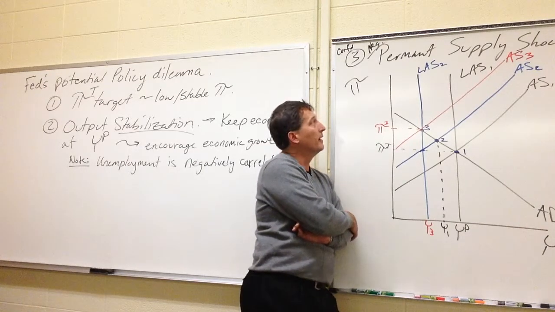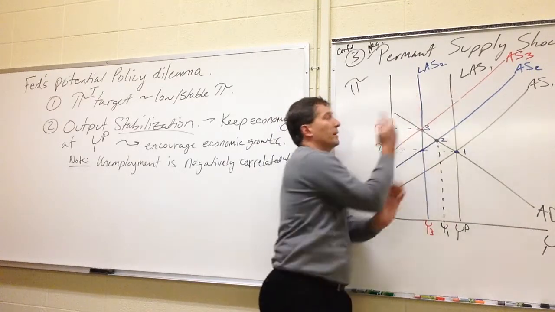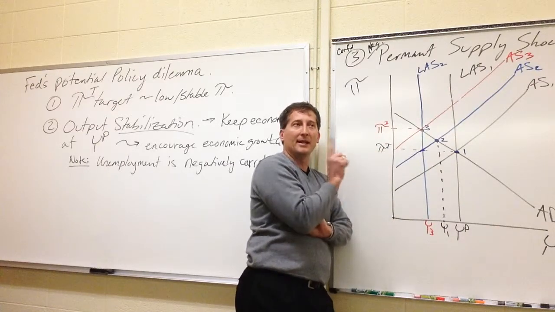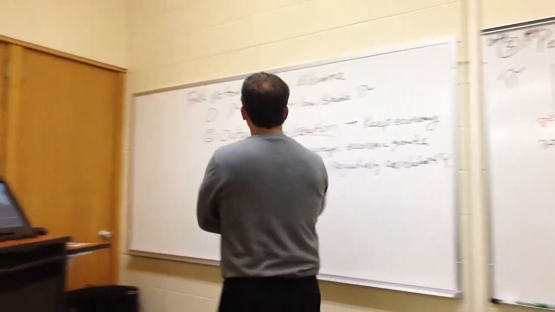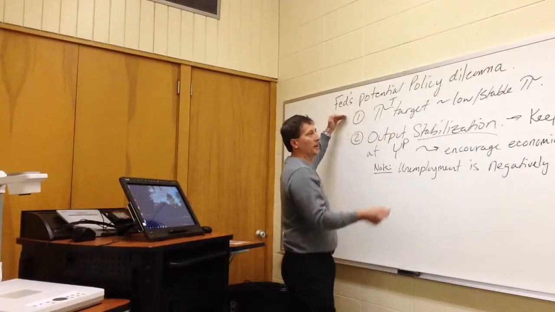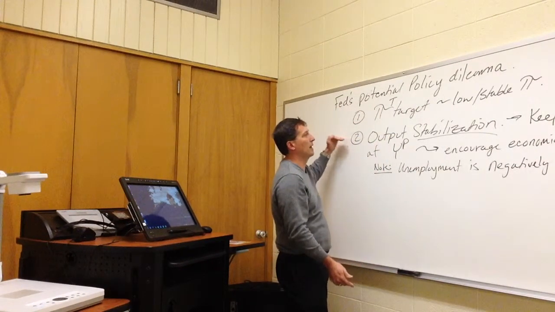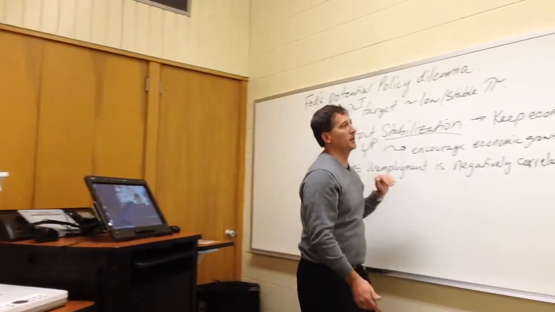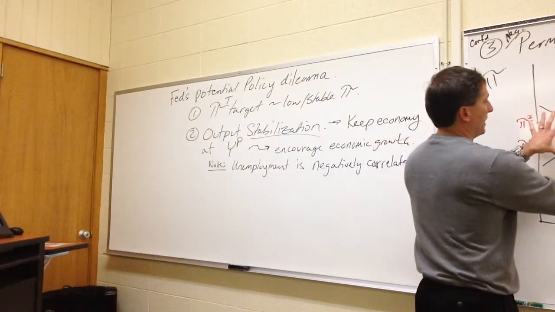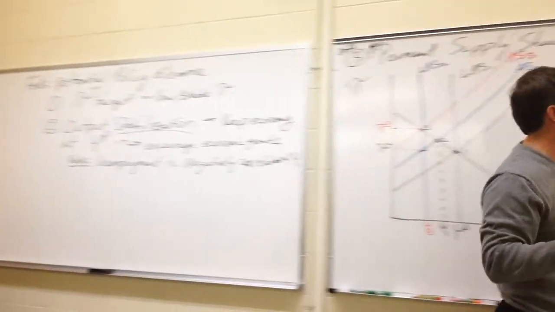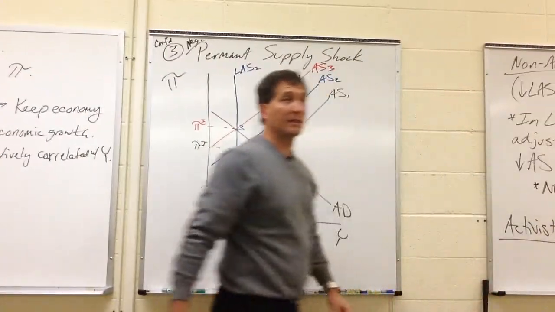Could we find something that would actually move real resources this way? But is there any one of the three here? Well, let's just narrow it down to two. These two move together. So inflation targeting or output stabilization. Is there anything the Fed could do here that would be better than maybe the non-activist approach?